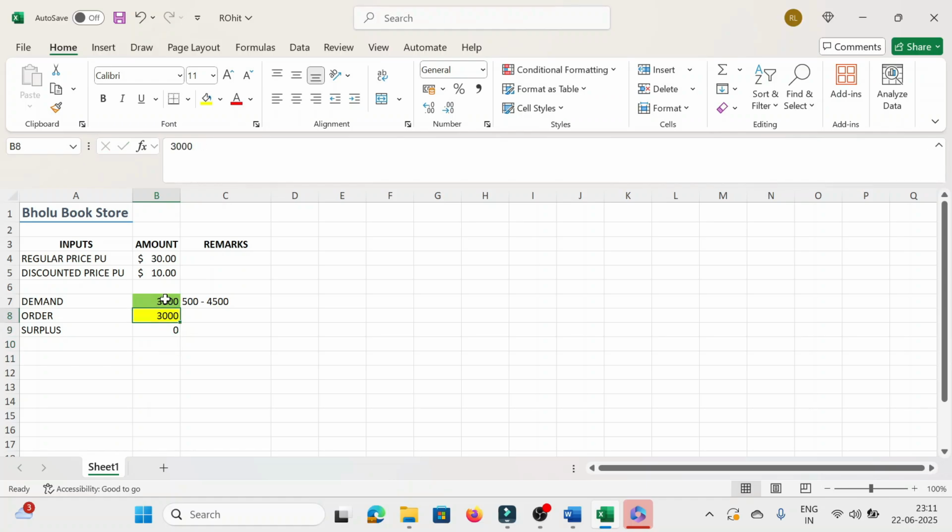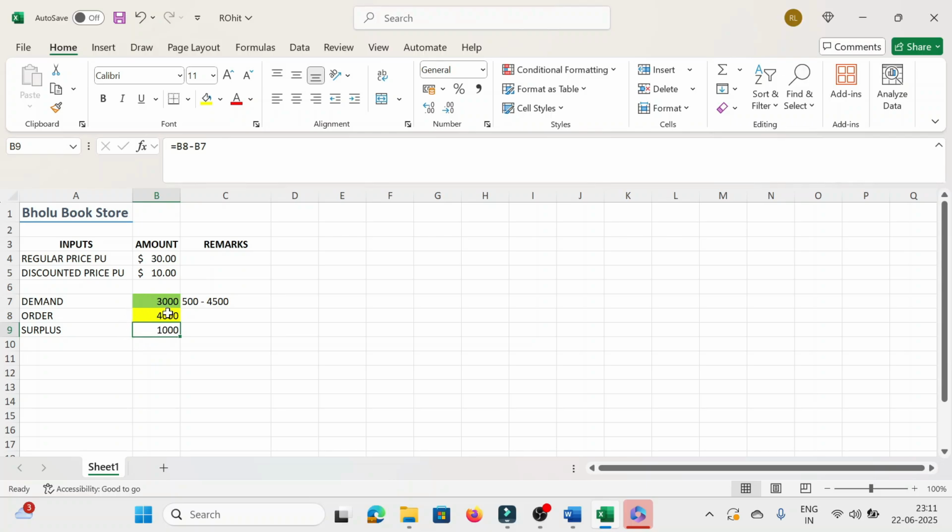But changing the scenario, if the demand is 3000 and we order 4000 books, then 1000 books would remain, which would be surplus, sold at a discounted price of $10. So this is more important.